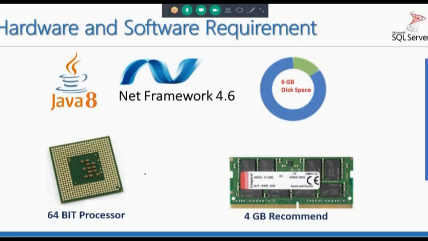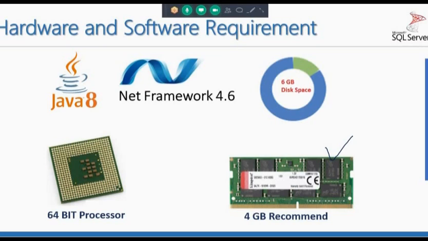These are the hardware and the software requirements to install SQL Server. First is the operating system. Before installing, we have to check what operating system we have, and then we have to check the RAM. It would work on 1 GB RAM also, but to make it work properly, I would recommend 4 GB.